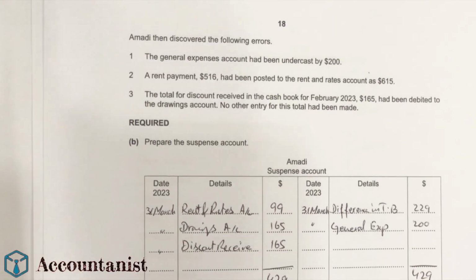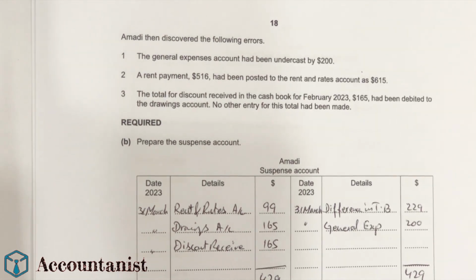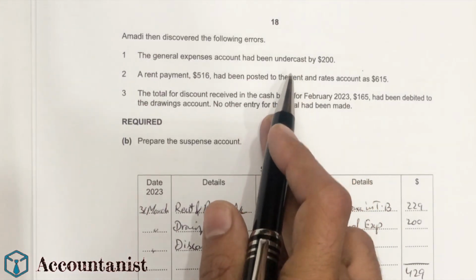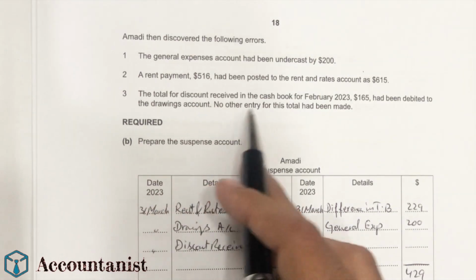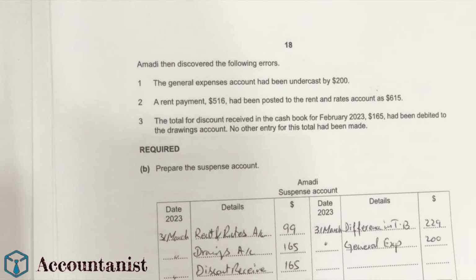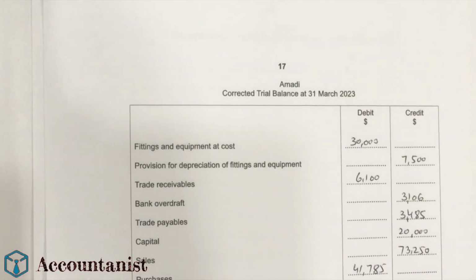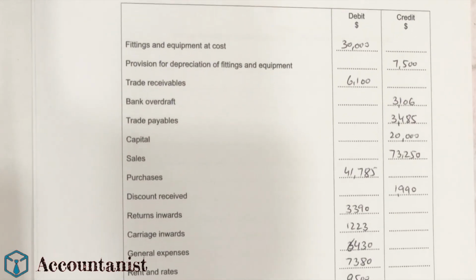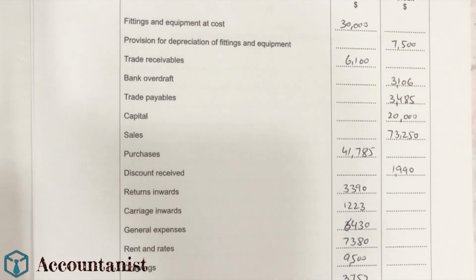Because of the errors, we do not have any adjustment relating to the trading section, because general expenses and rent and rates go to other expenses, and discount received and drawings go to other income and the SOFP. So they will not be adjusted in the trading section. So we'll have the corrected trial balance figures, and we'll use this data to make the trading section.